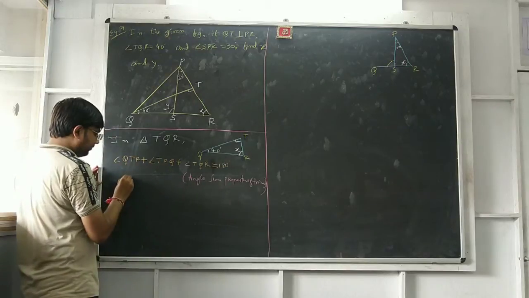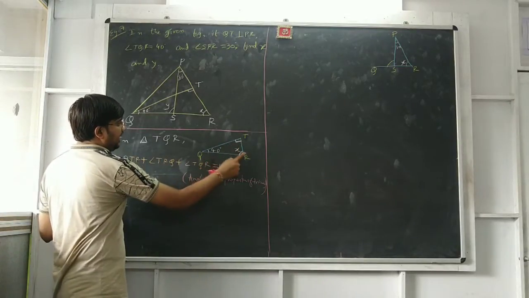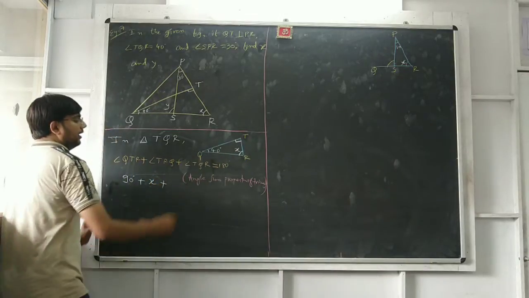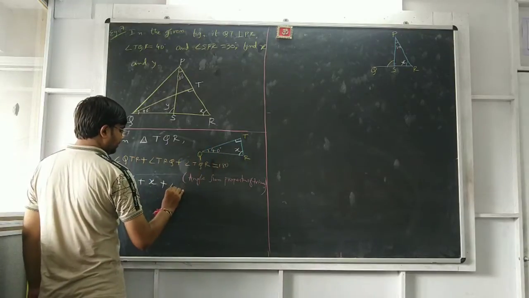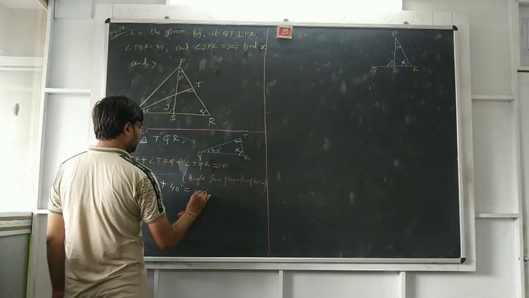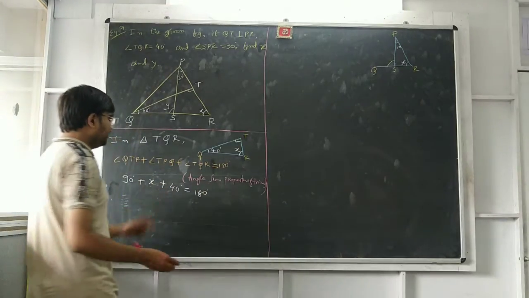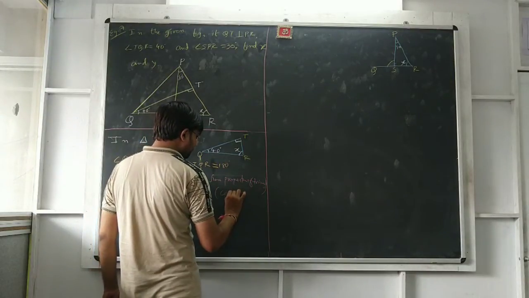So I can write 90 plus TRQ. TRQ is X, so I can write X. Angle TQR is 40, is equal to 180. These are the given values in the data.